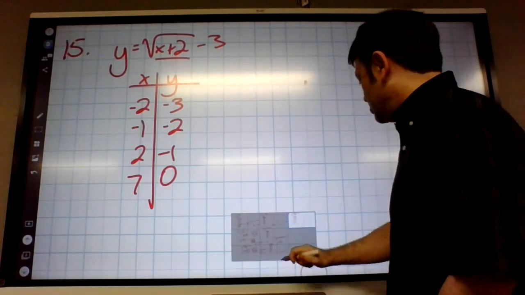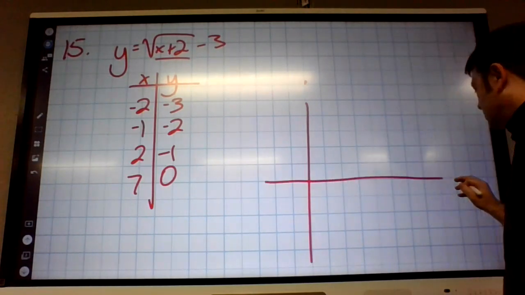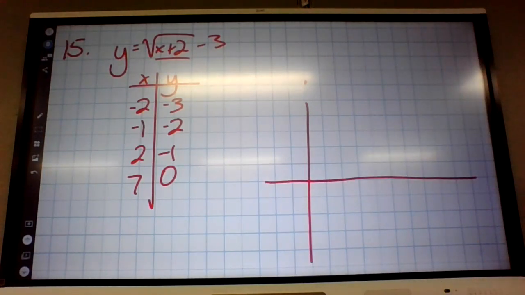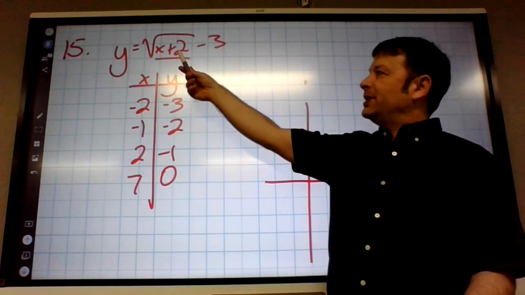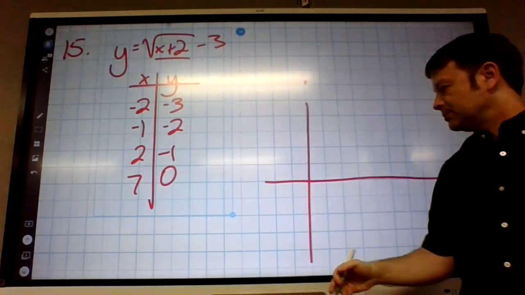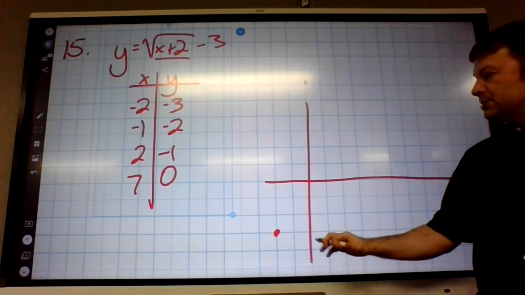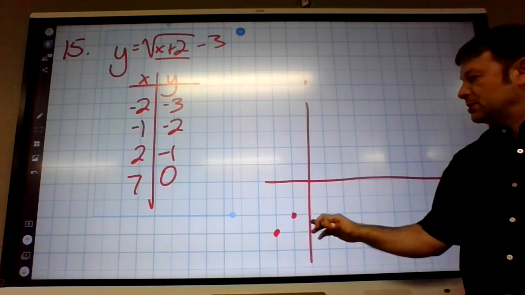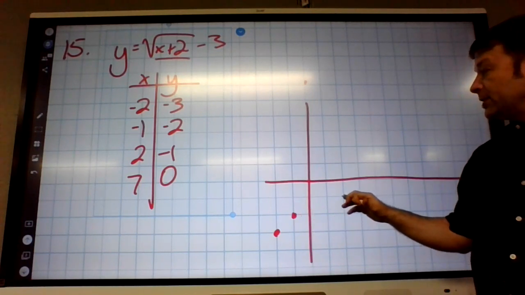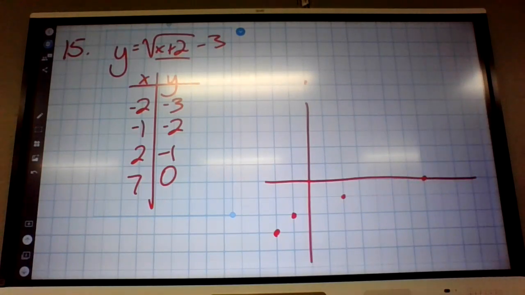So this is actually mostly below the x-axis, because this graph is moving left 2, down 3. So that's where it starts. Negative 2, negative 1, 7, 0.